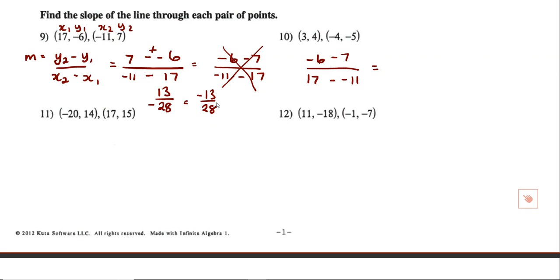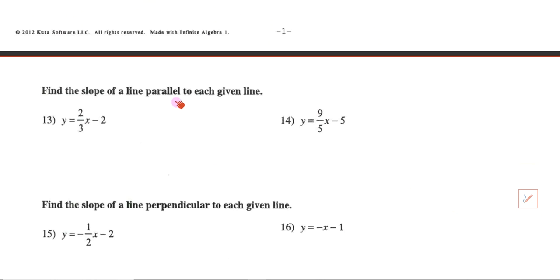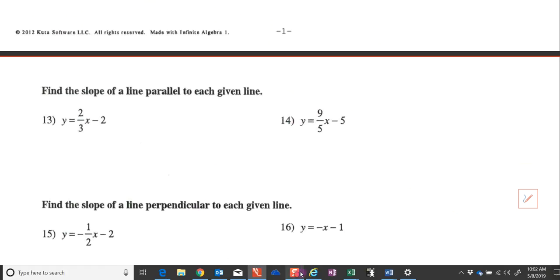You see what that means, yeah? The water decreases 13 centimetres, that's why I've got negative 13, every 28 seconds. Perfectly reasonable thing to say, right? Okay. You can finish off those other ones then. And then we've already talked parallel and perpendicular lines, so you should be able to get on with the next one.